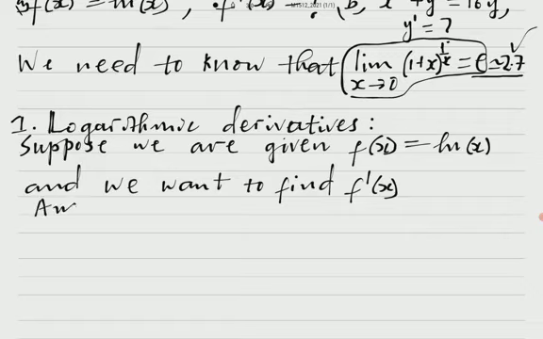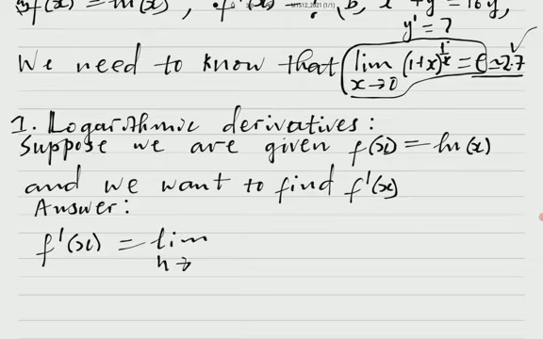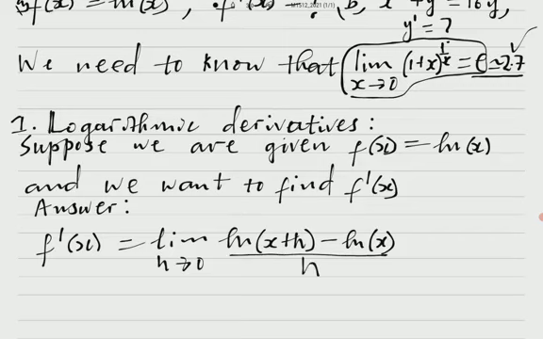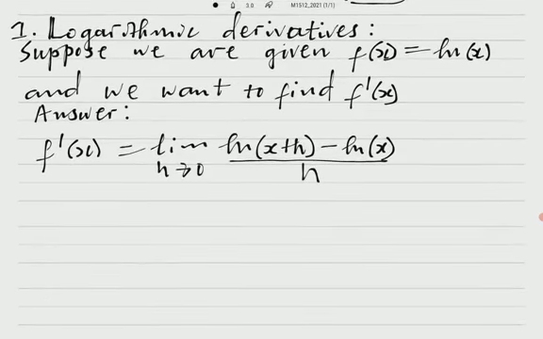So we know by definition f prime of x will be given by the limit as h goes to 0 of ln. Now you know the first principle definition, so I'm going straight into the substitution. ln of (x plus h) minus ln of x, which is f of x, and then divide by h. This is what you know, and I think now you are very good at this.